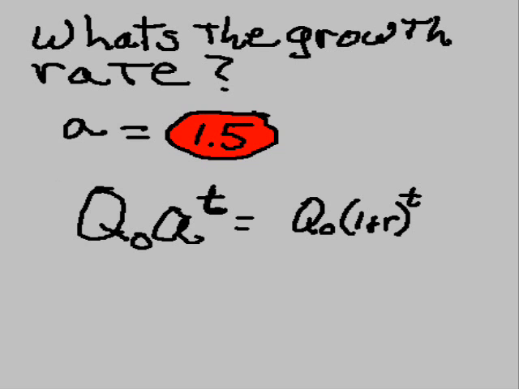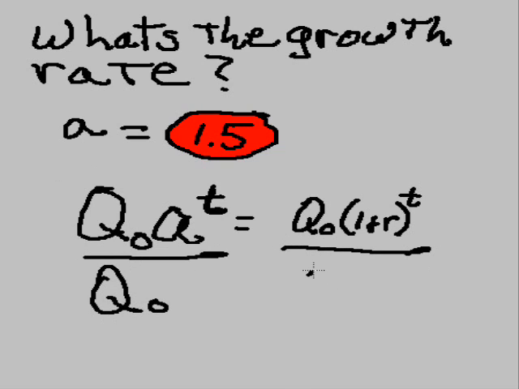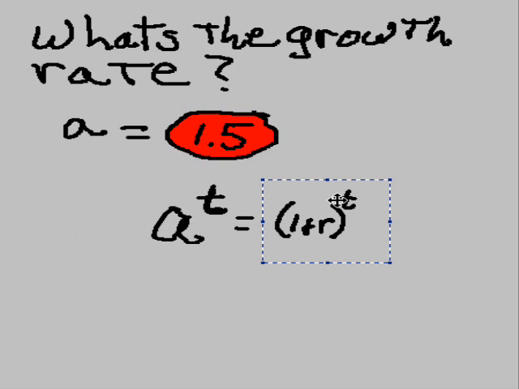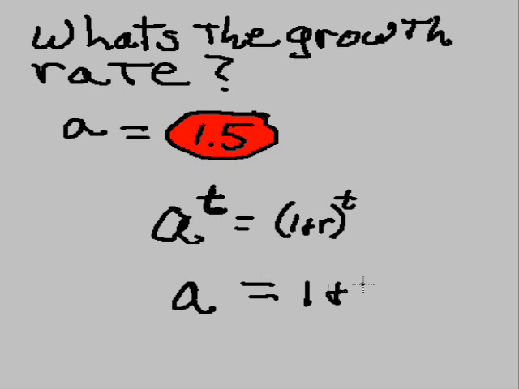Now, what if I divide both sides by q sub 0? I get rid of the q sub 0 guys, right? What am I left with? a to the t power equals (1 plus r) to the t power. That's gotta mean, beyond a shadow of a doubt, that a has got to be equal to 1 plus r.